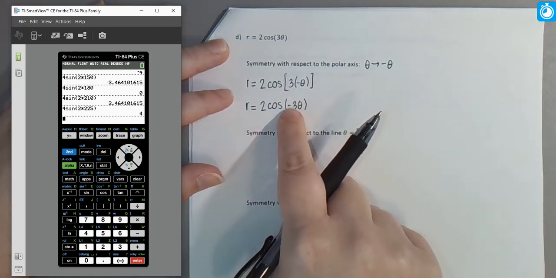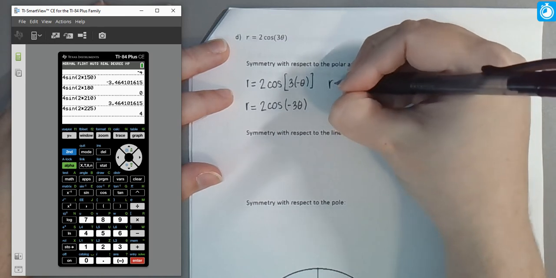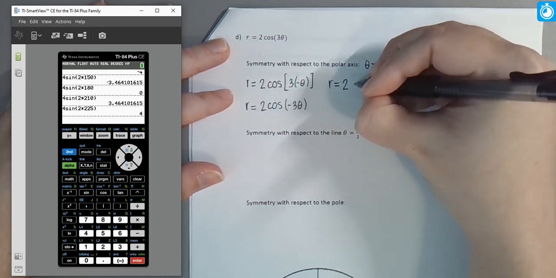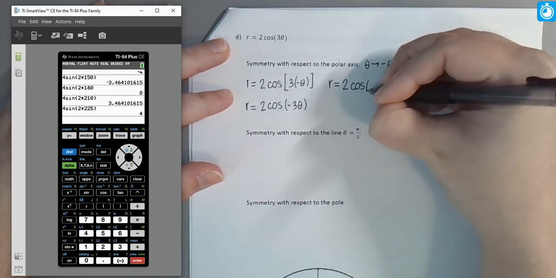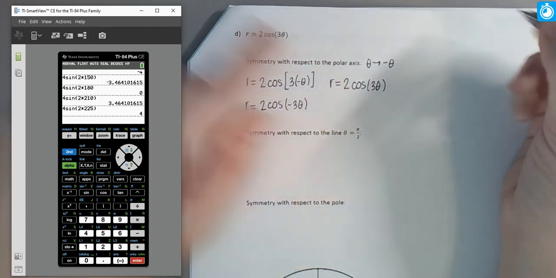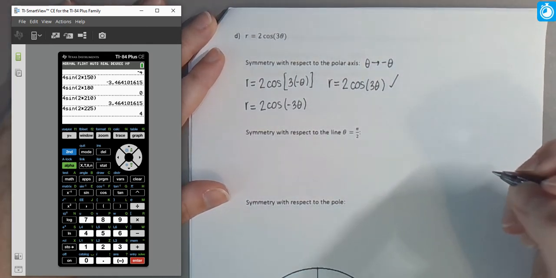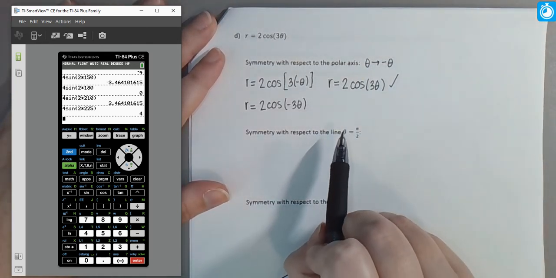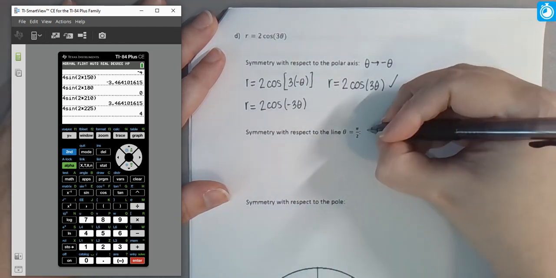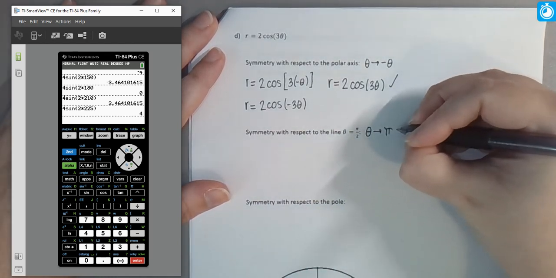We know cosine is an even function, so it essentially eliminates our negative. So r is equal to 2 times the cosine of 3 theta, which matches our original equation. So we do have polar axis symmetry. Now what about theta is equal to pi over 2? So now we're going to take theta and replace it with pi minus theta.